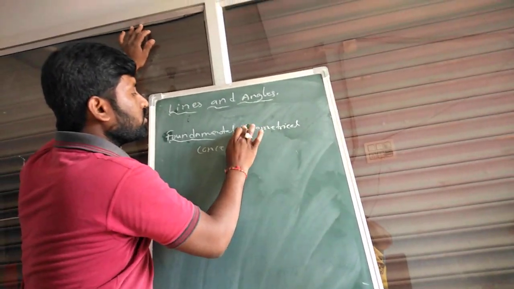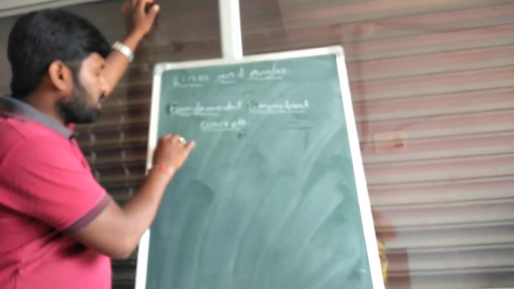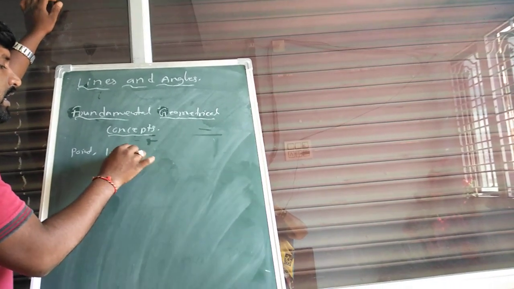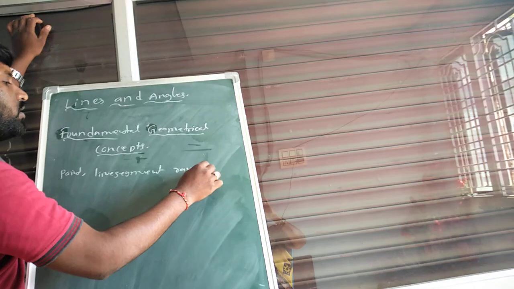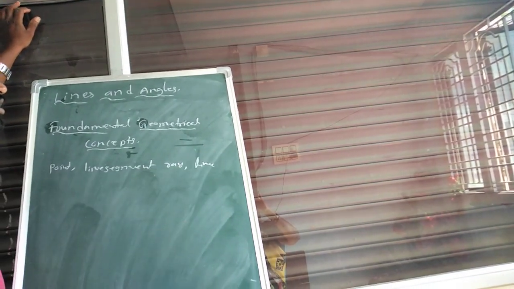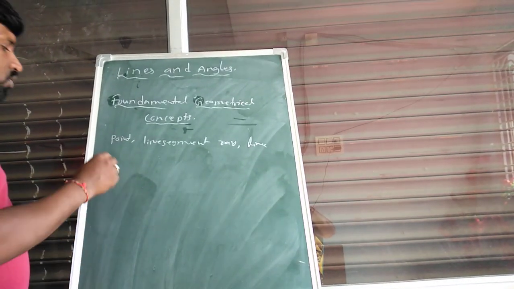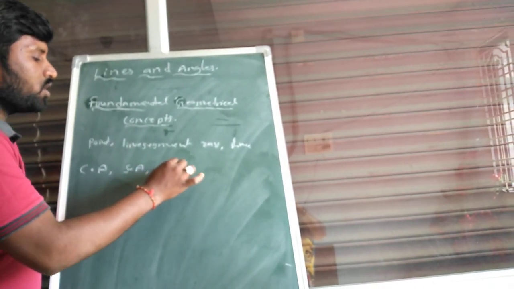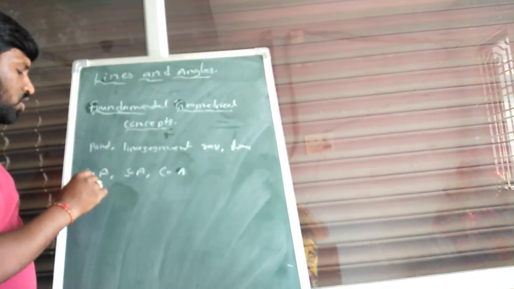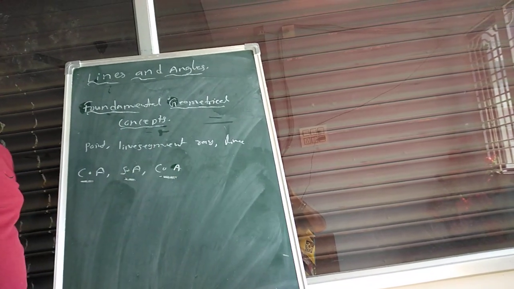The fundamental geometrical concepts we discussed are: the point, line segment, ray, line. Okay, so we discussed these points and what are complementary angles, supplementary angles, conjugate angles.